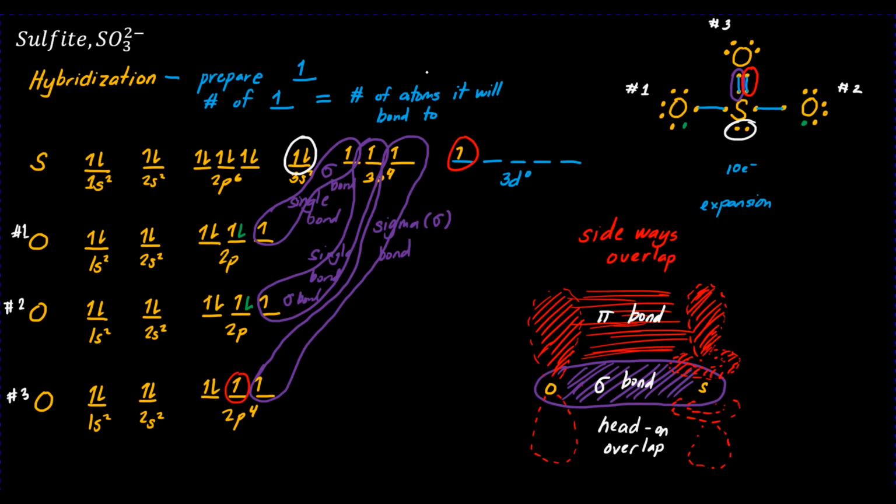Hybridization. As you remember, the hybridization here is sp3. What is the reason for that? For this notation, sp3, we only count the orbitals that hold the lone pairs.